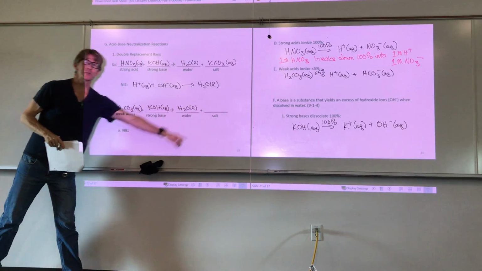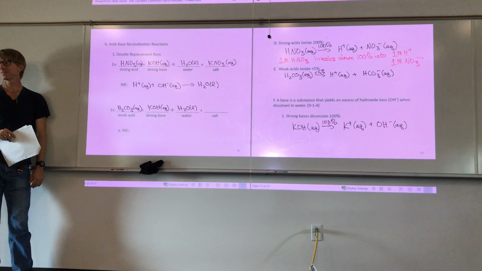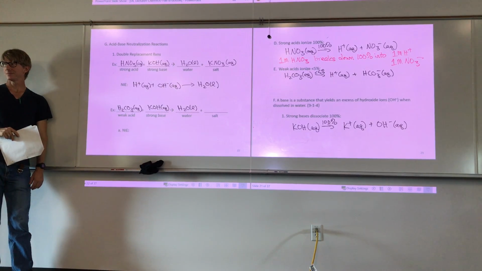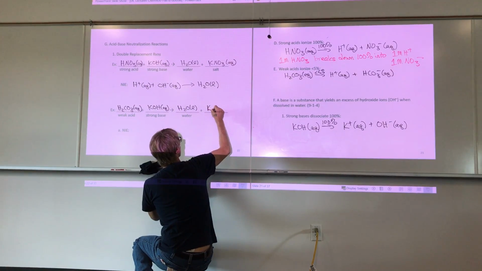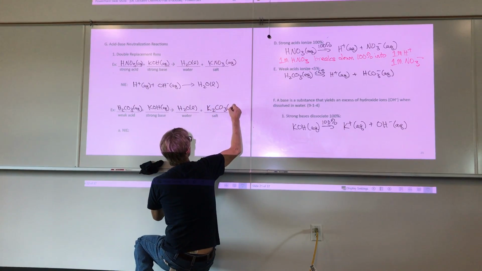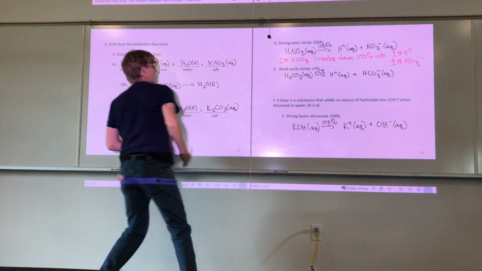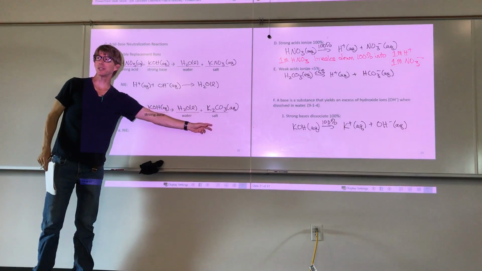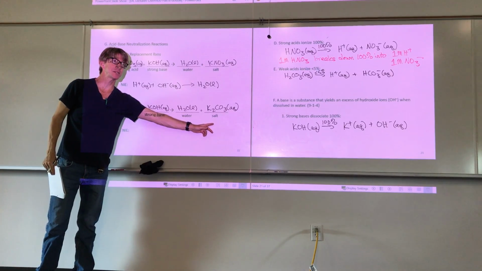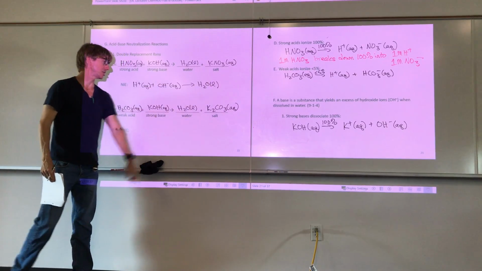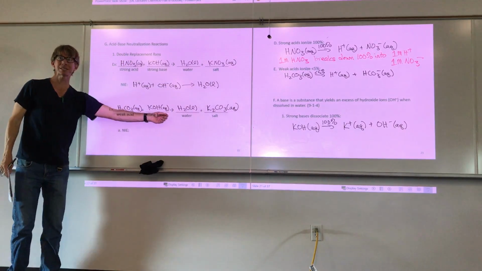What's the other product over here? Potassium carbonate. Yes. And it says salt here. I think I mentioned this. Any salt. Salt is a general term for an ionic compound that dissolves. Another salt right there.